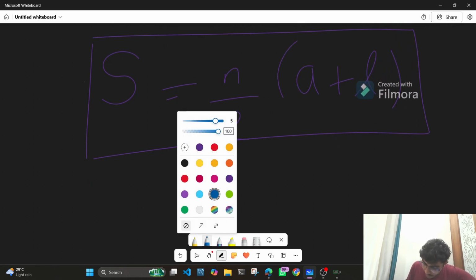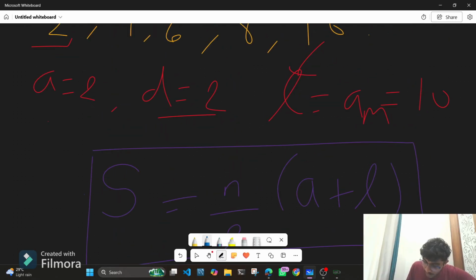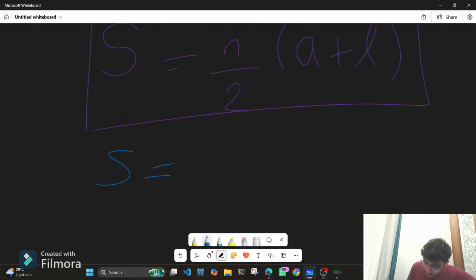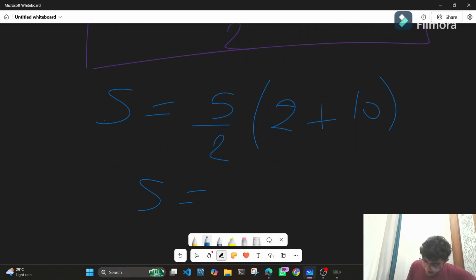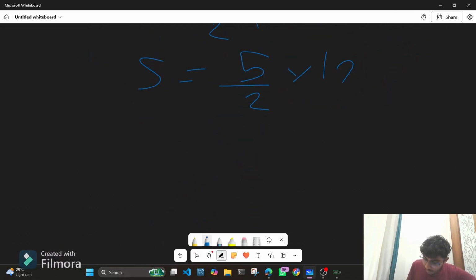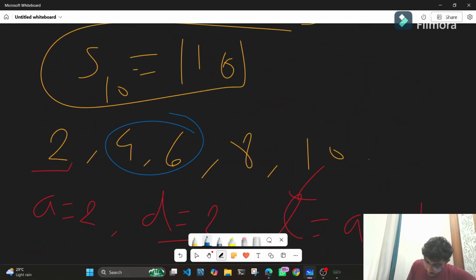Coming back to our example, if we substitute the values in it, our n was 5, that was 5 by 2, a was 2, plus l was 10. So that comes as 5 by 2 into 2 plus 10, 12. If I cut it down, S is equal to 30. You can cross-verify it here: 4 plus 6 is 10, 8 plus 2 is 10, and 10.